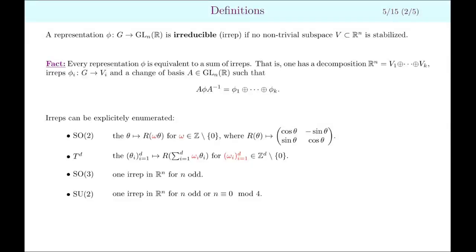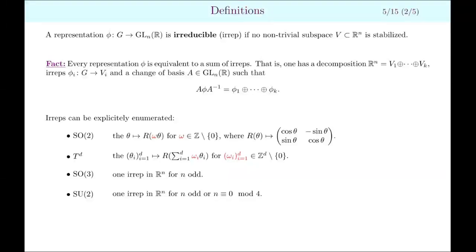So now the problem boils down to understanding the irreps of a group, and this is very well understood for these ones. For instance, for SO2, you always have the trivial representation on R, and the other ones for SO2 are precisely these rotations of frequency omega. They all have dimension 2.